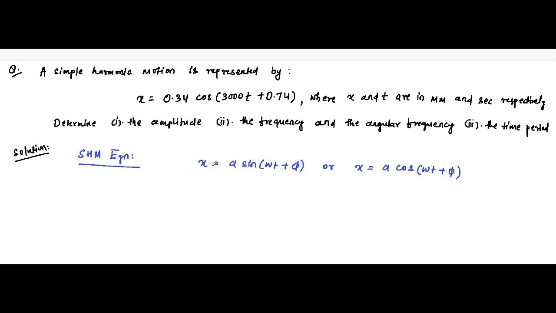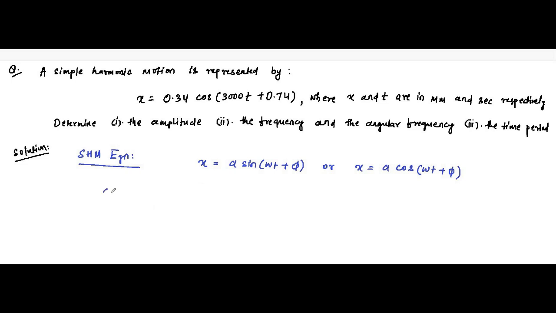In some books or other places you will find y is equal to A sin(omega t plus phi), or y is equal to A cos(omega t plus phi), as long as it is sinusoidal form. Here it is represented in cos form.